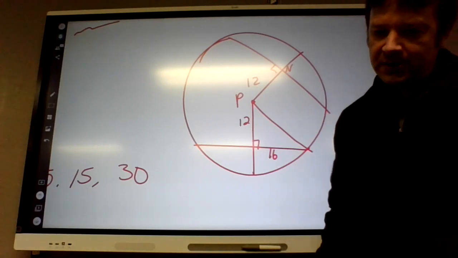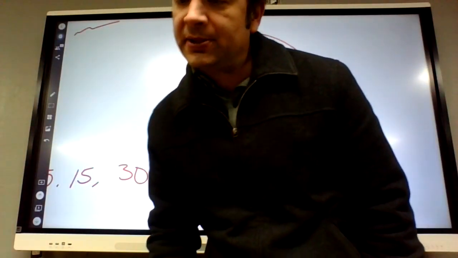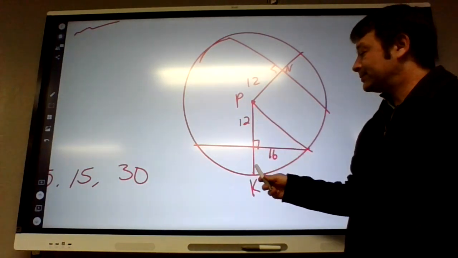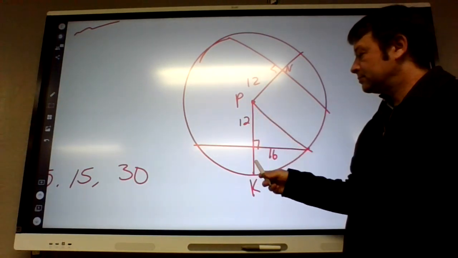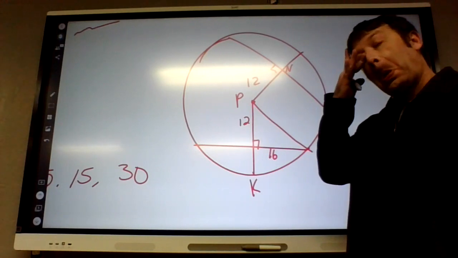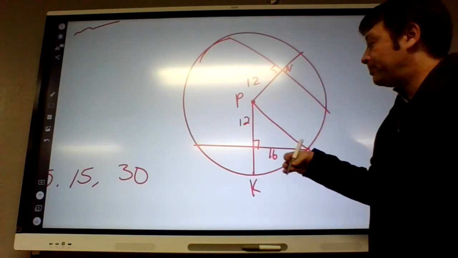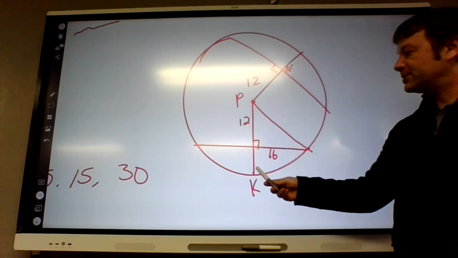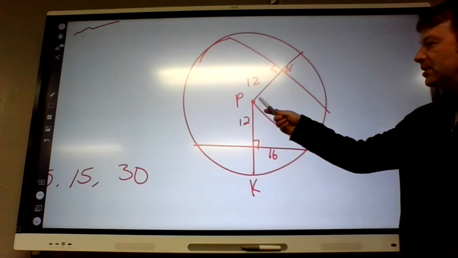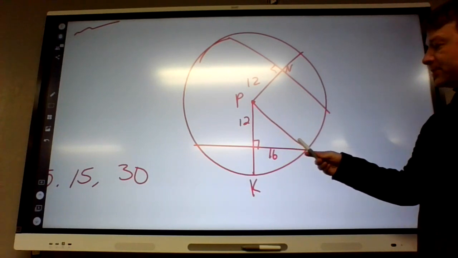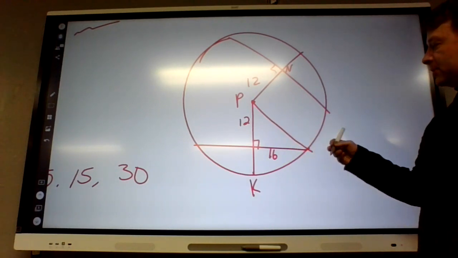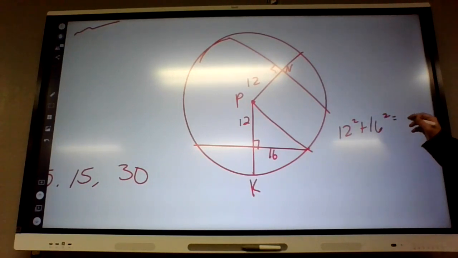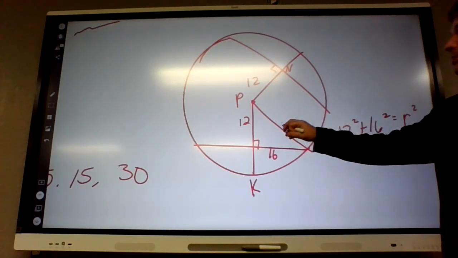The first question they ask is, what does PK have to be? Radius. So how could we find a radius? 12 squared plus 16 squared equals the radius squared.